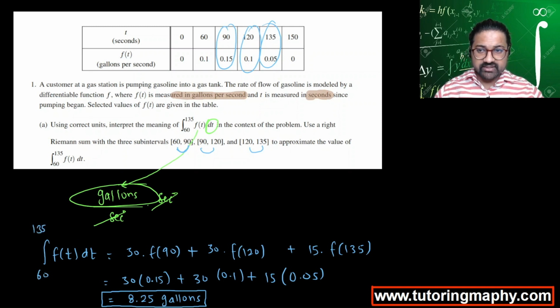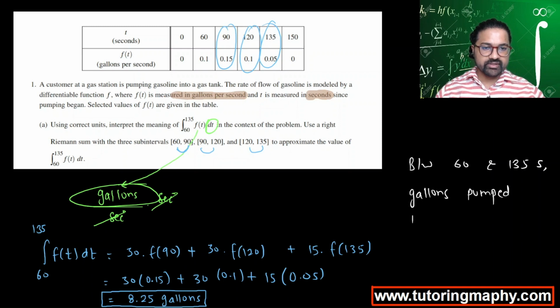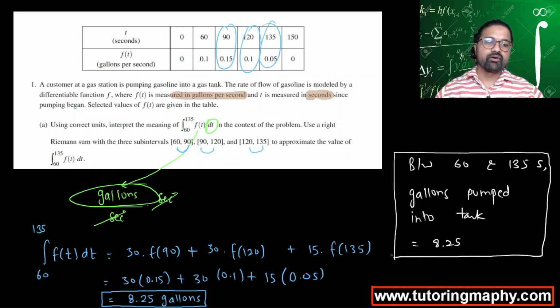So between 60 and 135 seconds, I'm going to write the interpretation over here, that between 60 and 135 seconds, gallons pumped into the tank is equal to 8.25. This will be the significance or meaning of what we got as the answer.